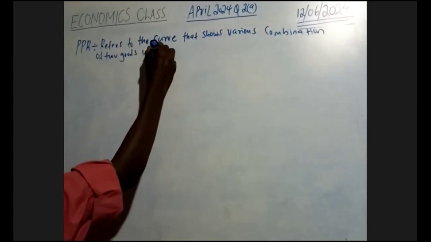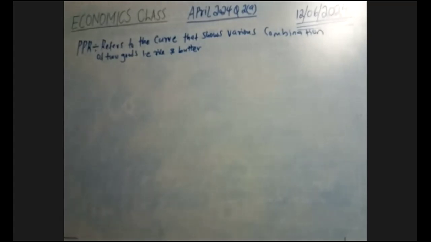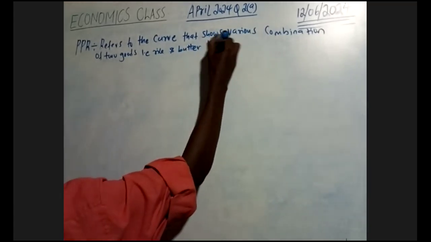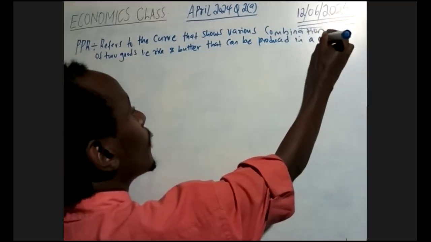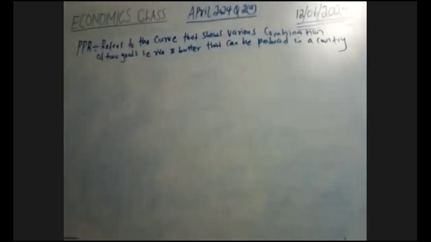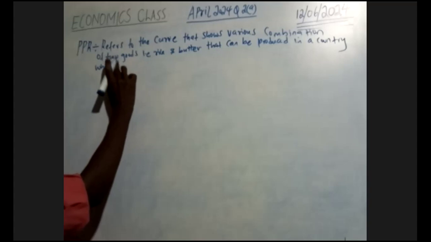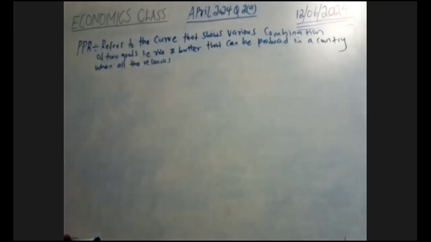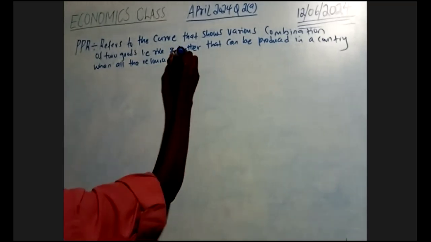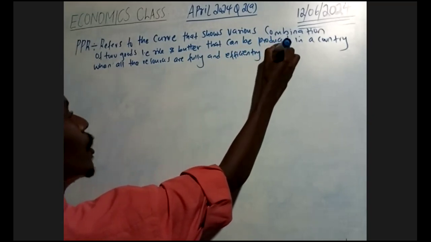Let us go with rice and butter, that can be produced in a country when all the resources are fully and efficiently utilized.